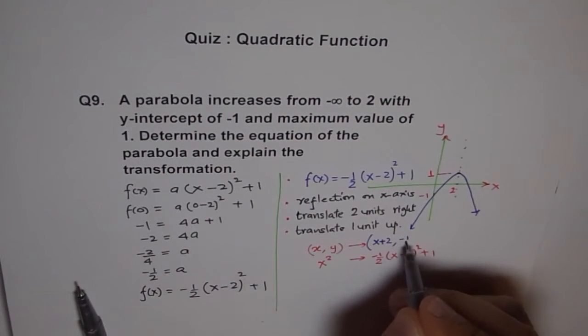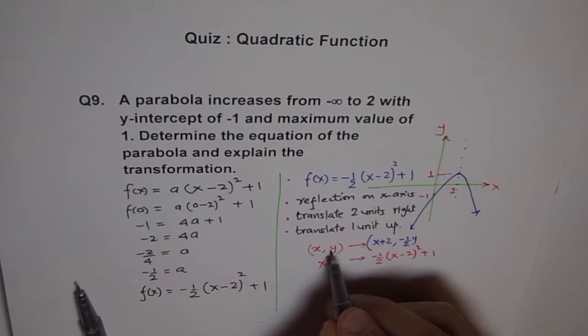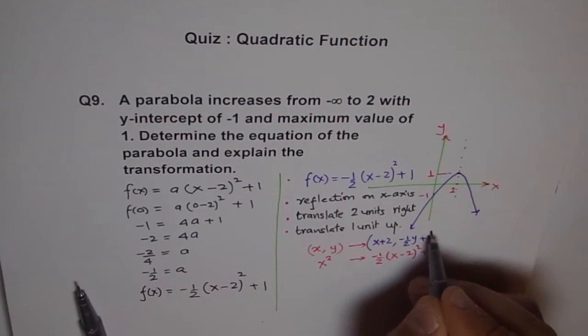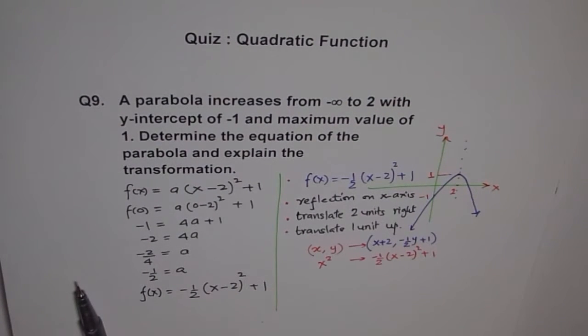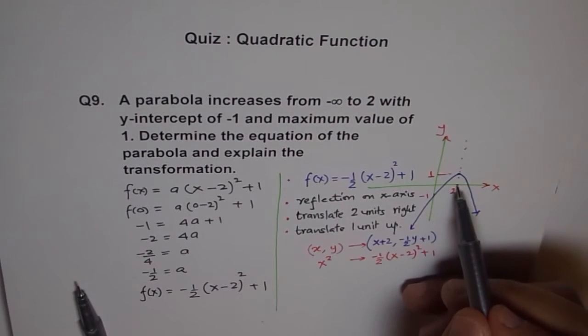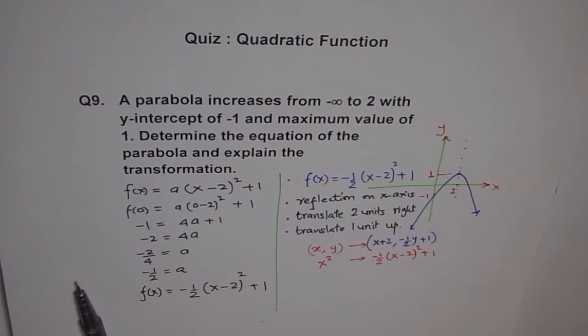So y becomes minus half of the original y plus 1. That is the point-wise transformation. If you plug in 0, 0, you get 2 and plus 1.